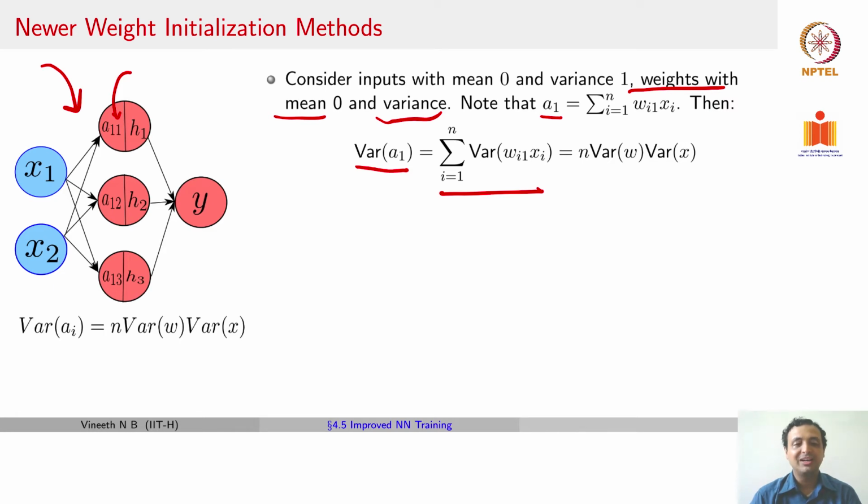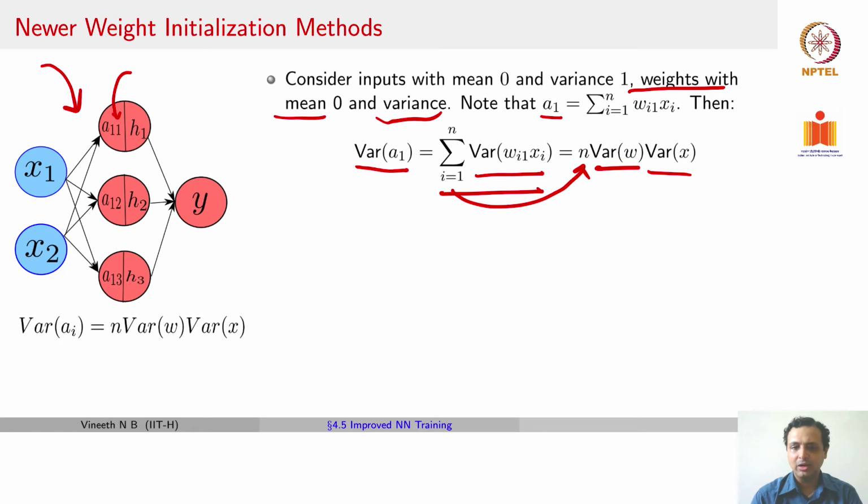Assuming now that w and x are not correlated with each other, you can write the variance of w_i1 x_i as the variance of w times the variance of x. The joint covariance would go to 0. And assuming that we also want all neurons to have the same variance, the summation turns into n.